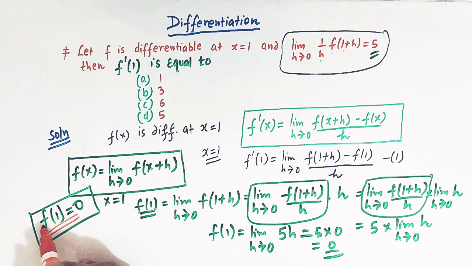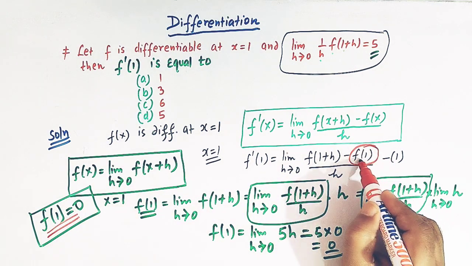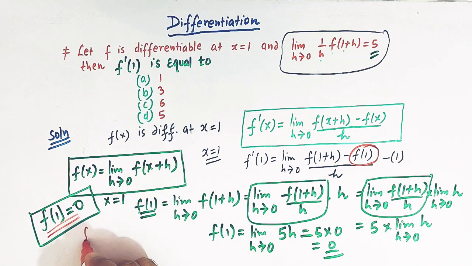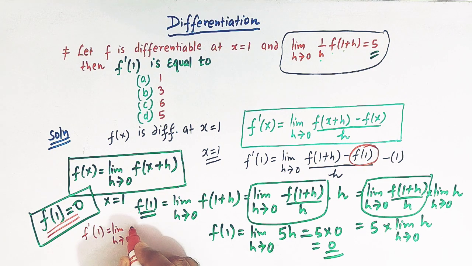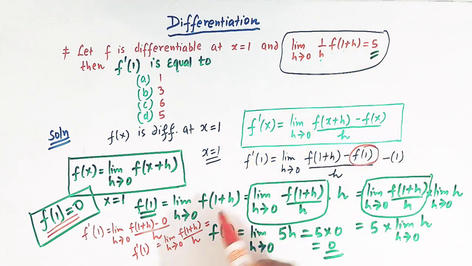Now if we take this value of f of 1 is equal to 0 over here, then we can write f prime of 1 is equal to the limit h tends to 0 of f of 1 plus h minus 0, divided by h. So this is the limit h tends to 0 of f of 1 plus h over h, which is already given as 5.